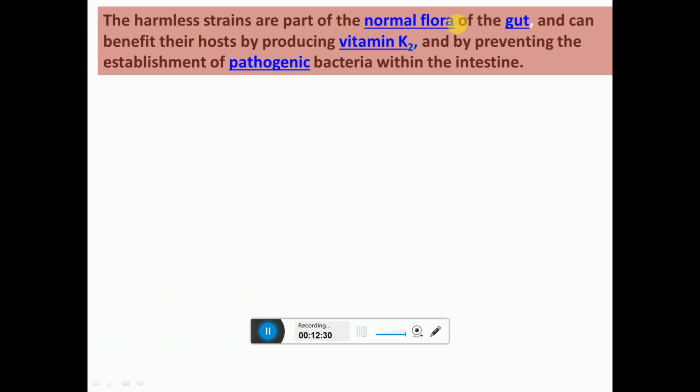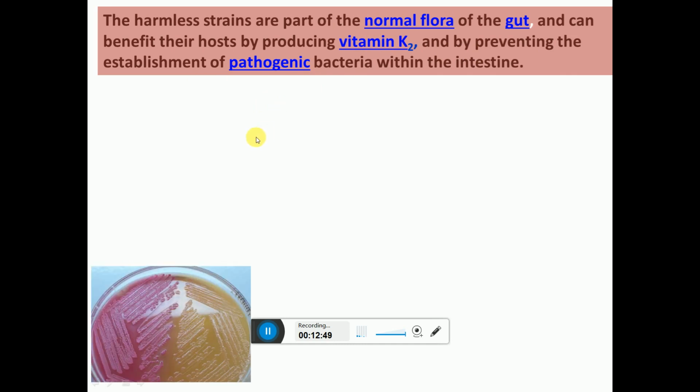They benefit the host by producing vitamin K2 and by preventing the establishment of pathogenic bacteria. Other bacteria cannot be established because of the presence of E. coli inside our intestine.